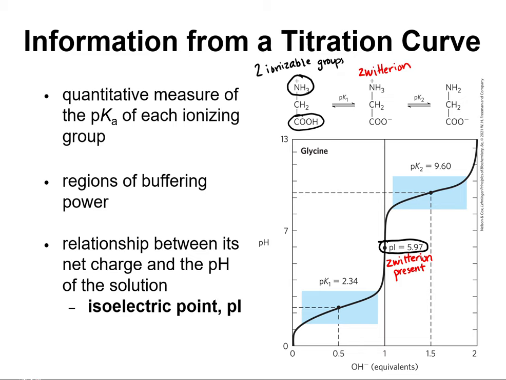So if we're looking at this and trying to figure out which species of glycine was present, at very low pH, you're going to have this form here.